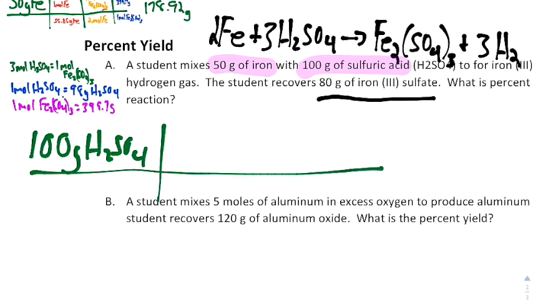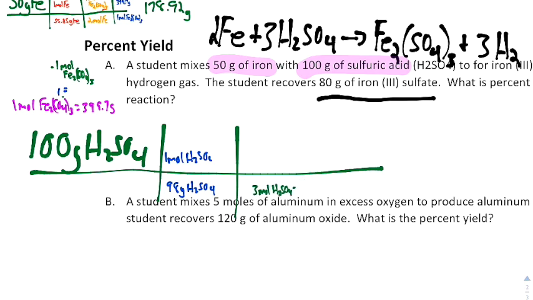So we put our grams of H2SO4 on the bottom, 1 mole on the top, and then we keep going, and we use our mole ratio, 3 moles of H2SO4, 1 mole of our iron 3 sulfate, and we're not done yet, so we keep going, and we have our 1 mole to our 399.7 grams on top.